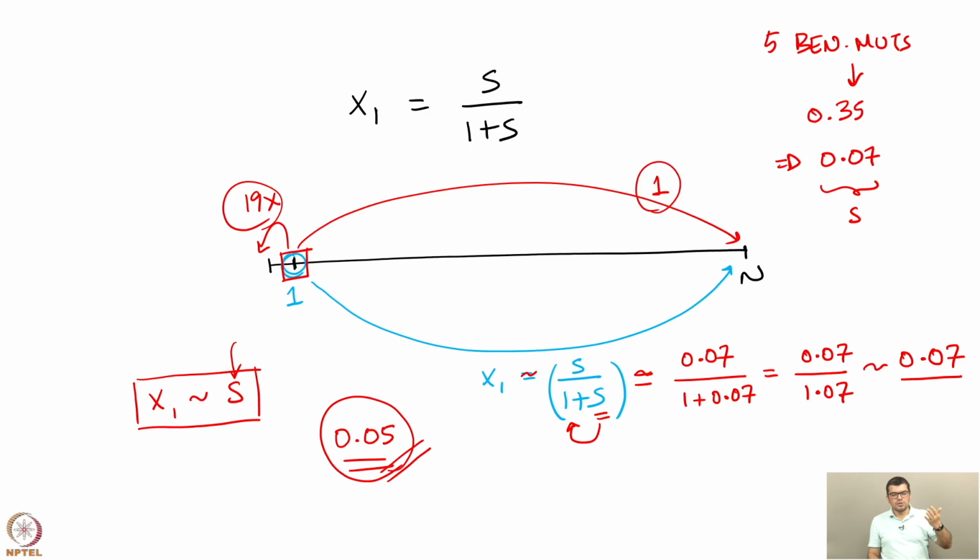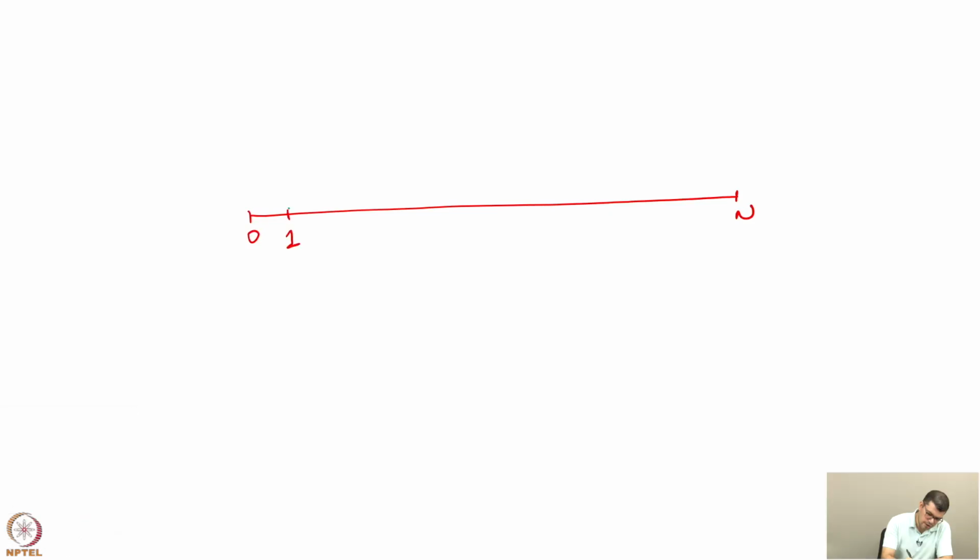In other words, we can also think of this in the following way. When a mutation first happens, the system is right here, and at this time there is a tussle between natural selection and drift over what is going to happen to this mutation.